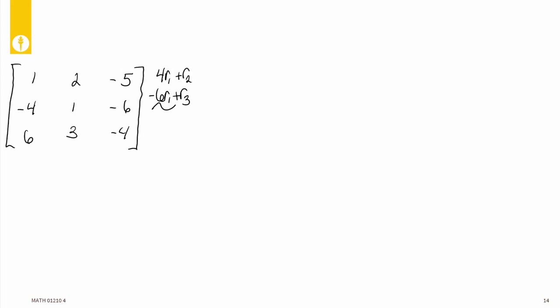Right, if you haven't noticed by now, it's always going to be the additive inverse of that entry times the row plus that row that you're replacing it with. So additive inverse of -4 is 4, so I multiply row 1 by 4. Additive inverse of 6 is -6, that's what I'm multiplying by.